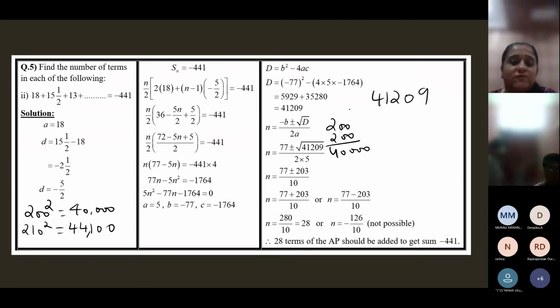Now clearly this number 41,209 lies between 40,000 and 44,100.